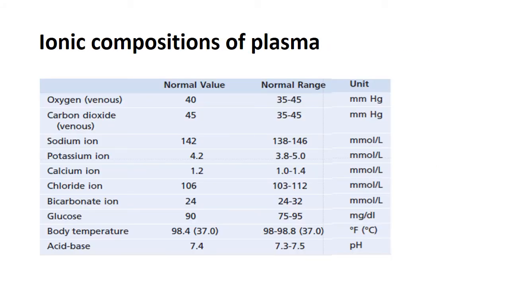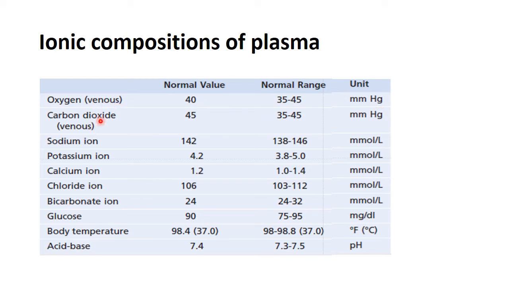In this slide, we will look at the ionic composition of the plasma. We are not distributing it into extracellular or intracellular fluid; we just say it is a composition of plasma. Oxygen is 40 millimeter mercury in the venous blood, mind it.